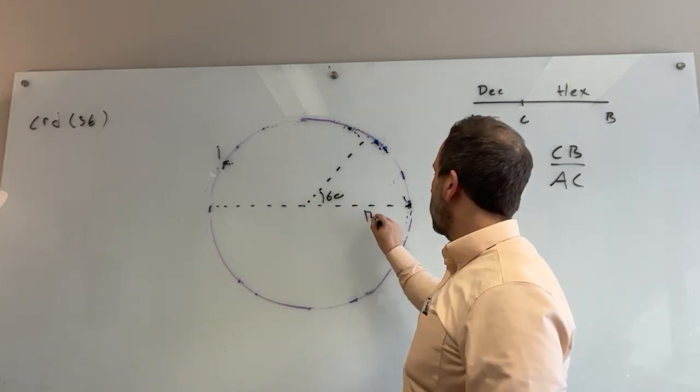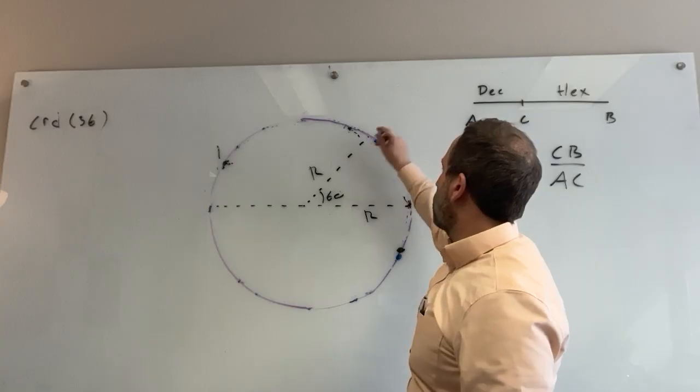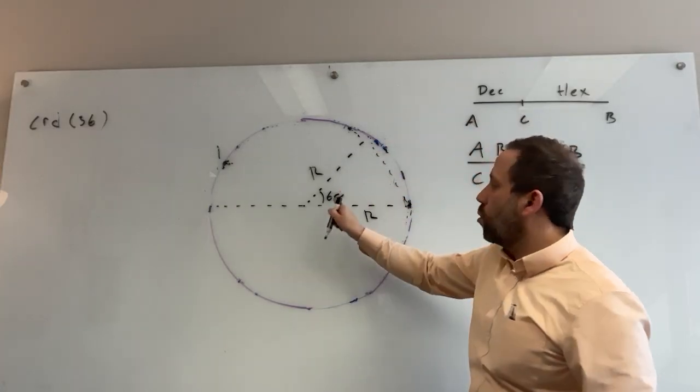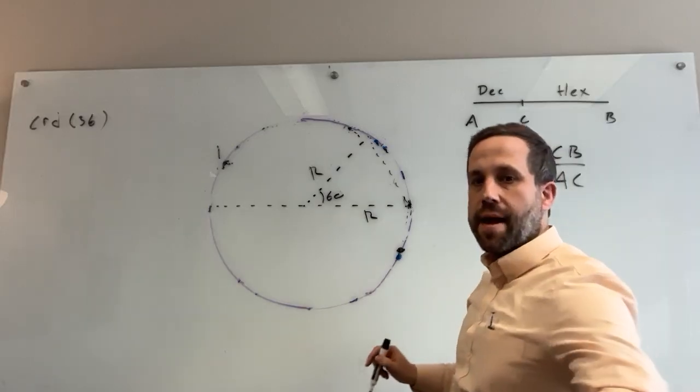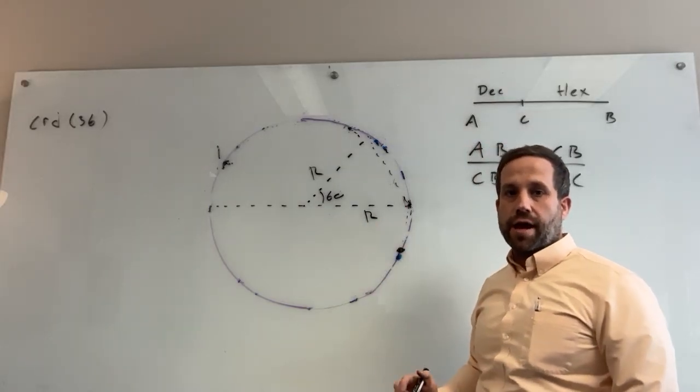This distance here is R. This distance here is R. So then we have an equilateral triangle. So this right here is chord of 60. So chord 60 is the same as the side length of a hexagon. It's going to be an equilateral triangle.